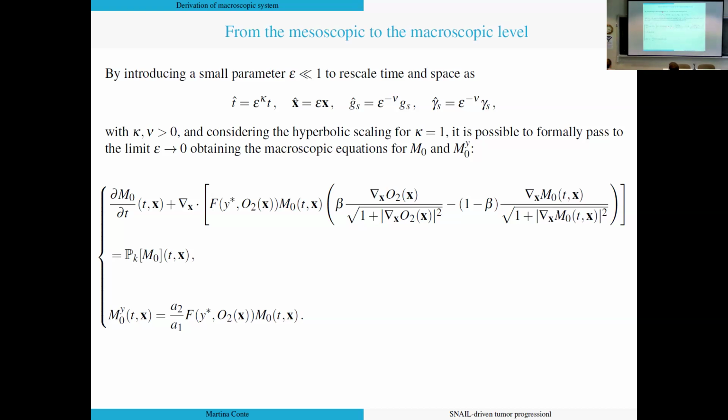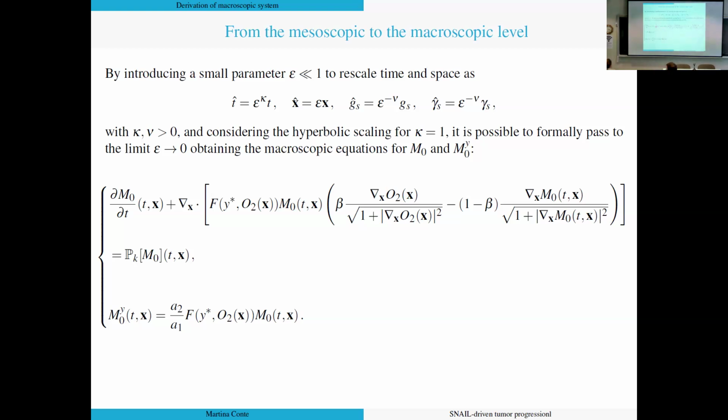Assuming this rescaling over here, using the classical method based on the definition of the moments of P, the moments equation, and then the expansion of the moment, what one can obtain formally in the limit when epsilon tends to 0 is this macroscopic system over here.